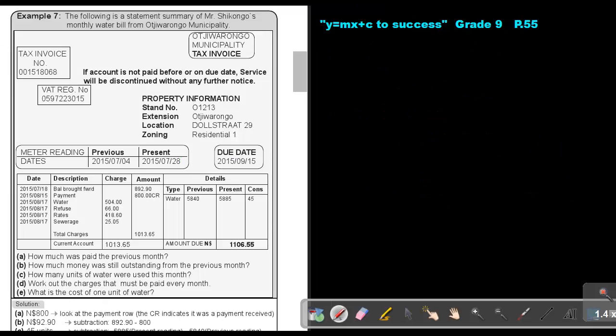Okay, let's look at another example. If we look at this one, the following is a statement summary of Mr. Shikongo's monthly water bill from Otjiwarongo municipality. Okay, so this is your address and this is the period. It looks like it's the seventh month, and the due date is the 9th month, and how much was paid the previous month.